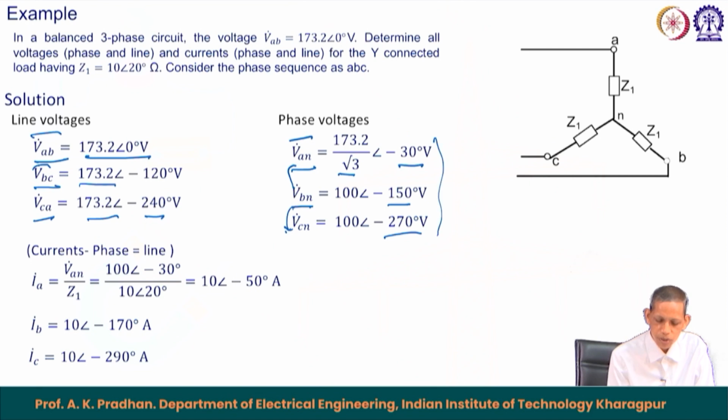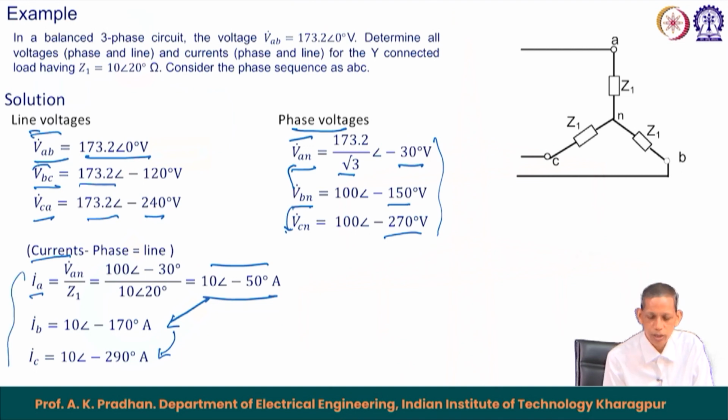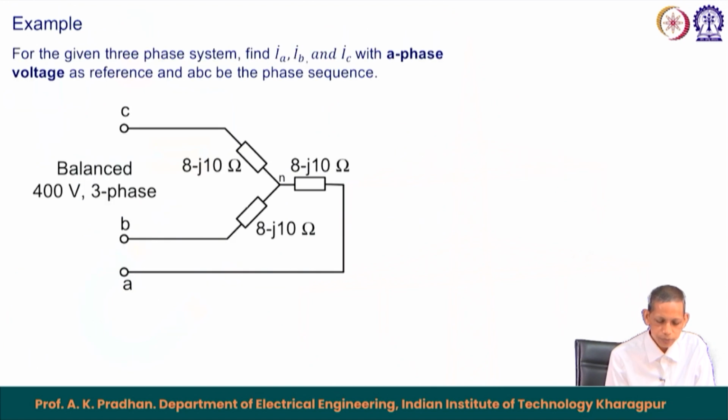So, we got these phase voltages and line voltages. The current IA equals VA upon Z1, which becomes 10 with minus 50 degree. Then IB is 10 with minus 170 and IC is 10 with minus 290 degree, which are the corresponding phase and line currents. So, this is about the phase voltage, line voltage, phase current and line current.